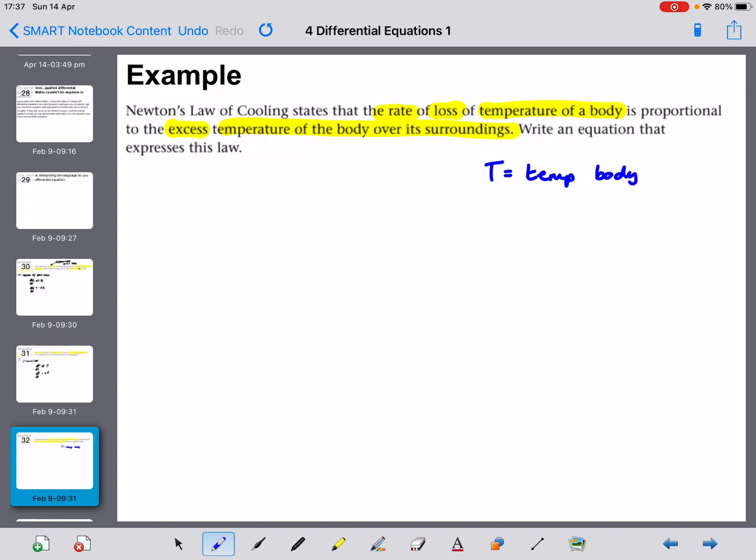And then the other thing we need to know, since it's proportional to the excess temperature of the body over its surroundings, is the temperature of the surroundings. So we'll call that S for the temperature of surroundings.